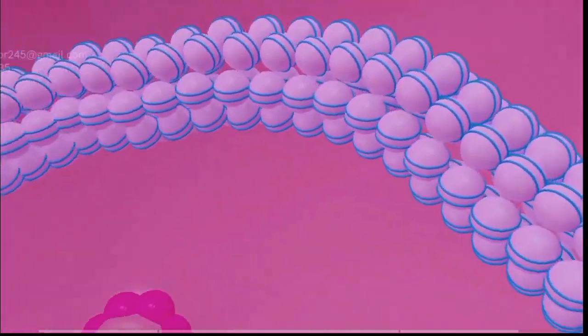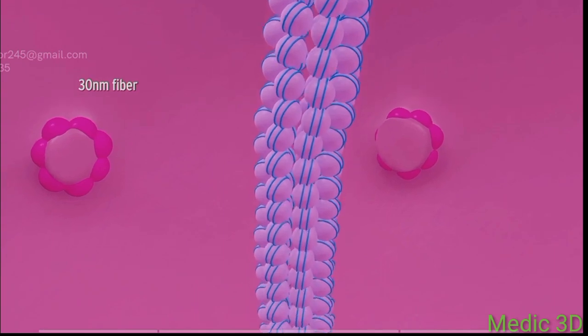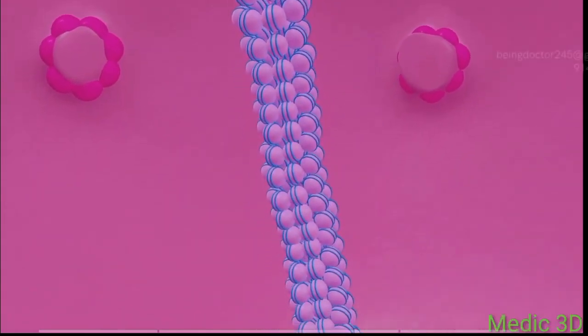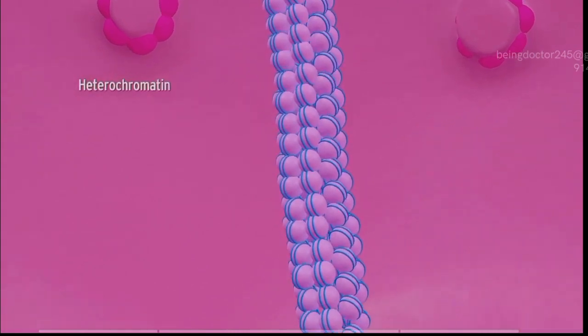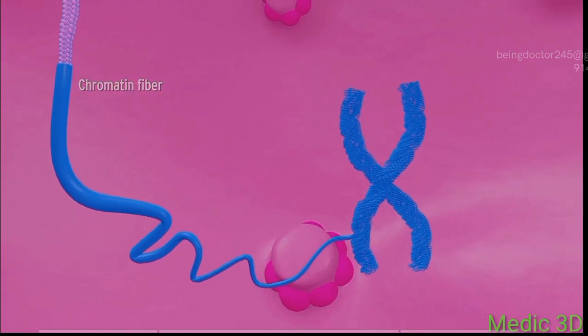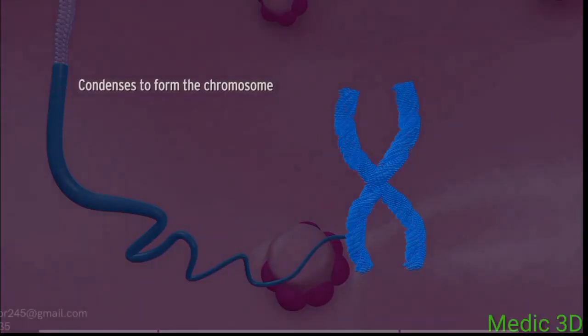The multiple histone molecules wrap into a 30 nanometer fiber consisting of nucleosome arrays, which form the most compact structure called heterochromatin. This can be called the chromatin fiber. The chromatin fiber further condenses to form the chromosome.